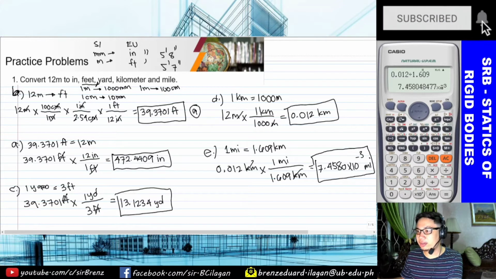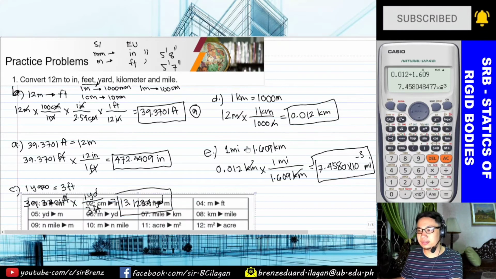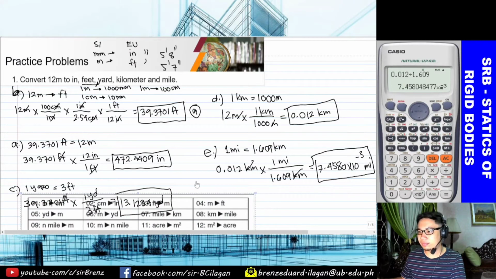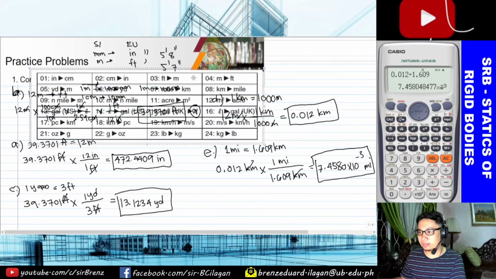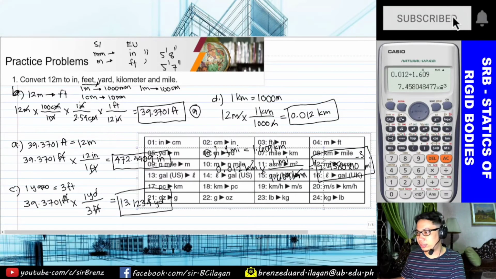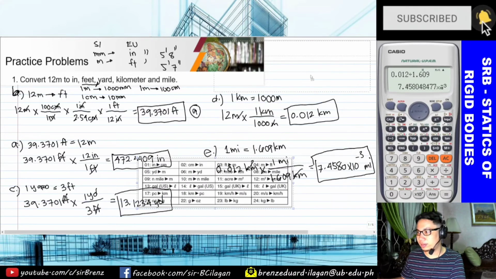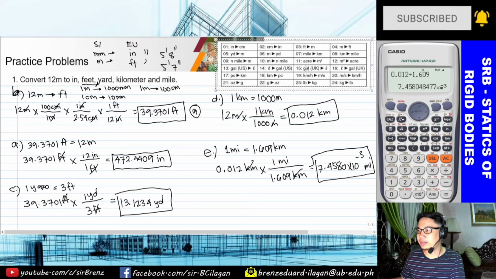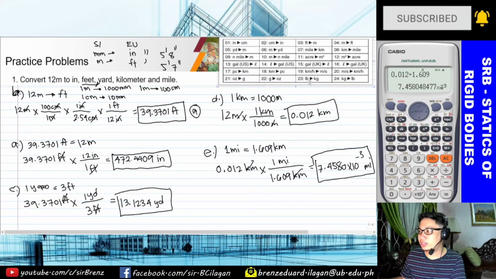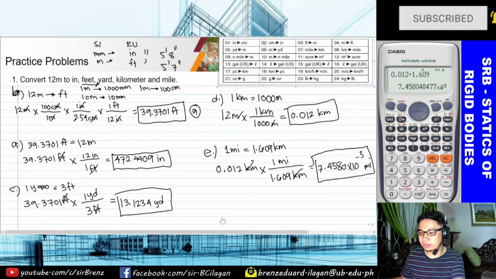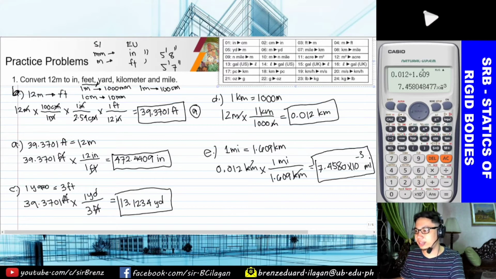So yan, meron yan na 40. Tama ba? Lagay ko dito. So this is just 24. May kasundo pa ito. Sige, isama na rin natin.